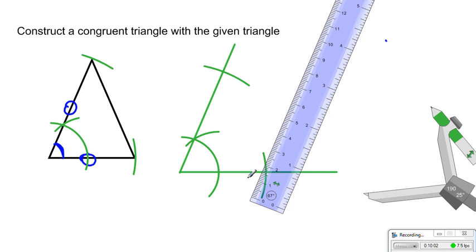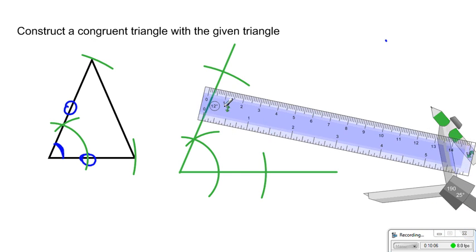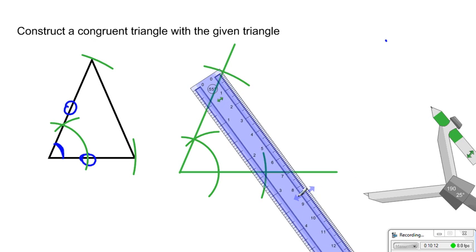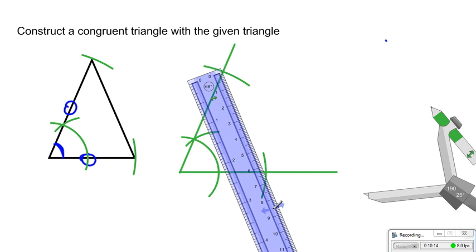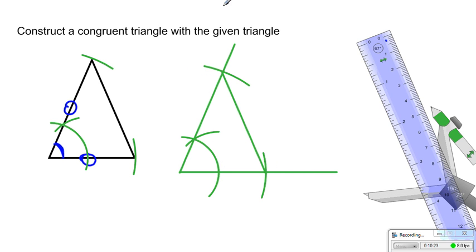Now, using that, all we have to do is simply connect this intersection and this one. Okay, there it goes. So let's see if those two triangles match approximately, at least.